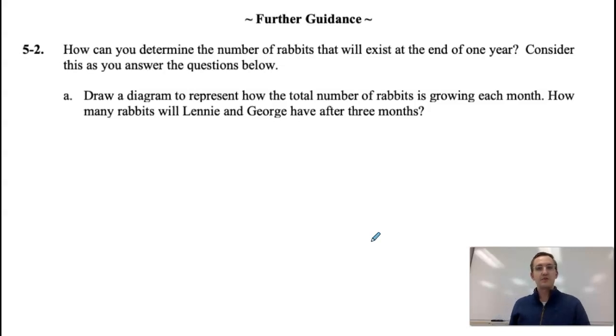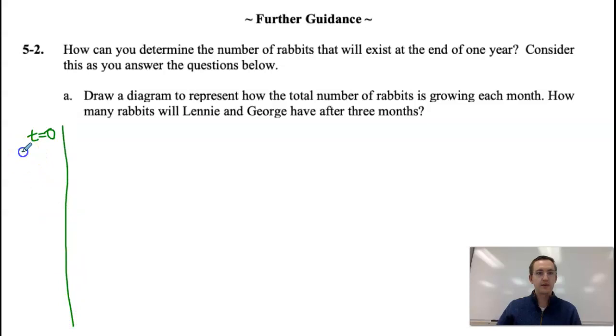So how can we determine the number of rabbits that will exist after 1 year? We're going to draw a diagram to represent how the total number of rabbits is going to grow each month. So we have our starting point at time equal to 0. Right now, at t equals 0, we're going to draw a diagram. We've got 2 rabbits.